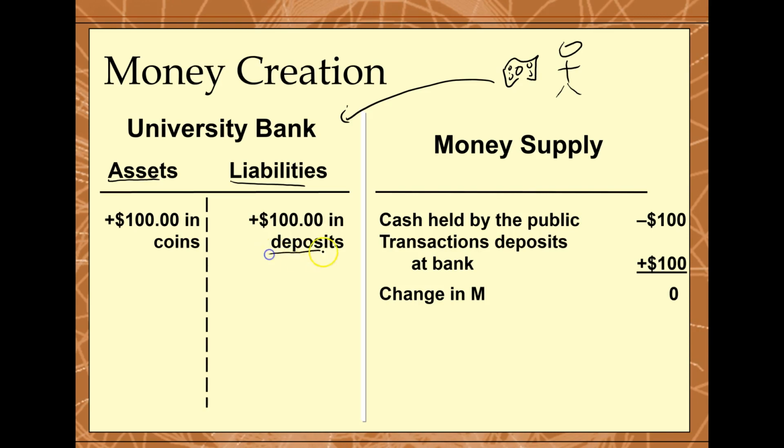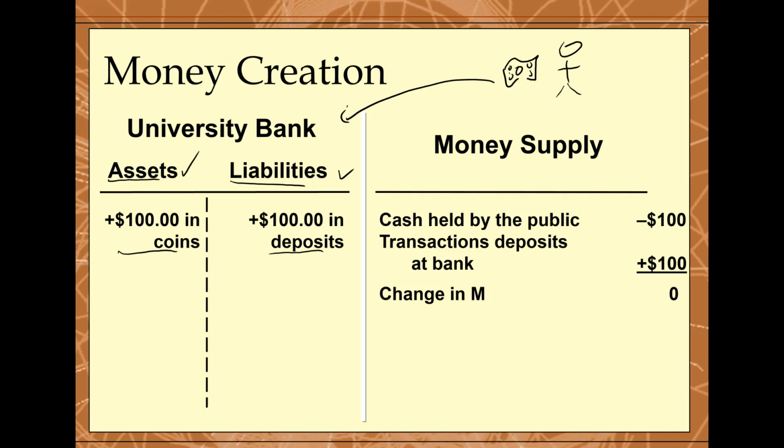Now, the deposit is a liability because the bank is obligated to pay this money to the student when he or she ever wants to withdraw the money. Now, it's also an asset because the bank can use this money to loan it out and make interest on that loan. So it's both an asset and a liability. And notice how they both balance. That's why they call this a balance sheet.